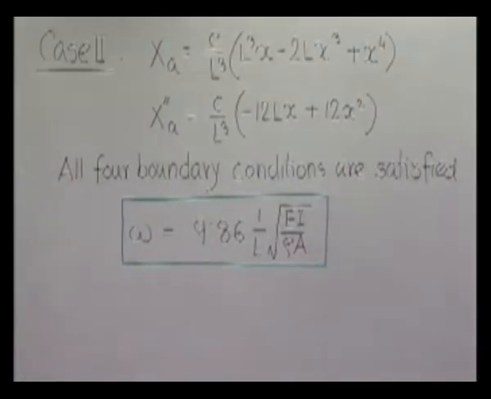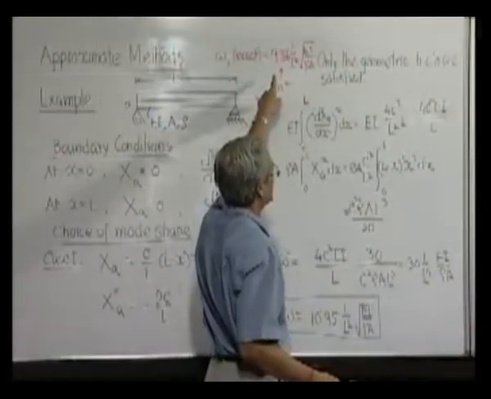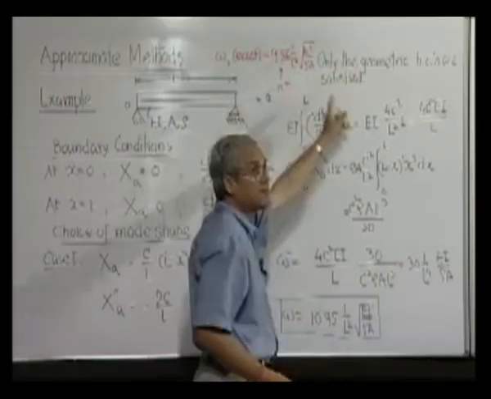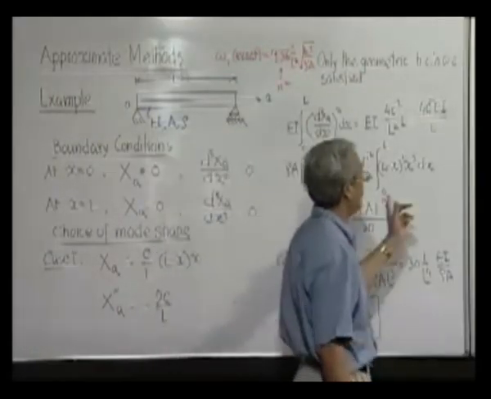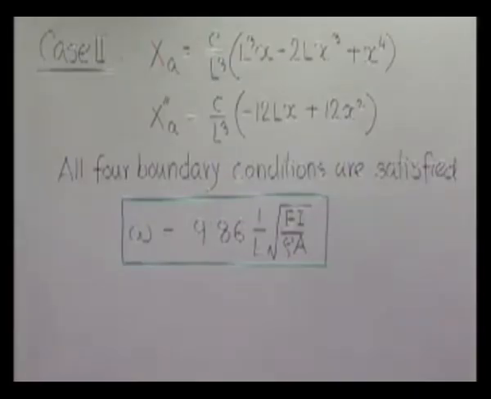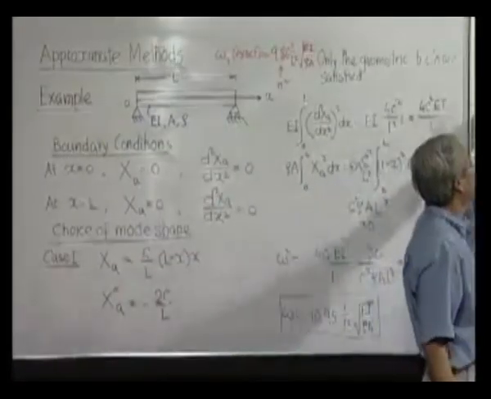So if we compare this with the exact, which is this, you find up to second decimal place there is no difference. The difference will be found only in the third decimal place, and that too again having this.